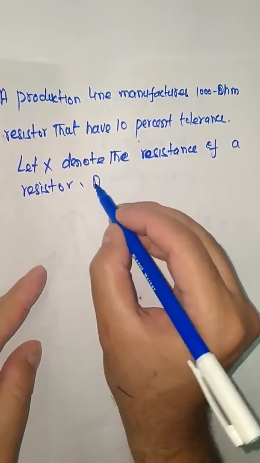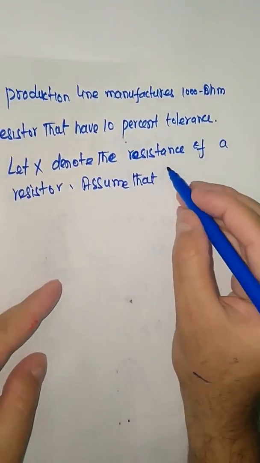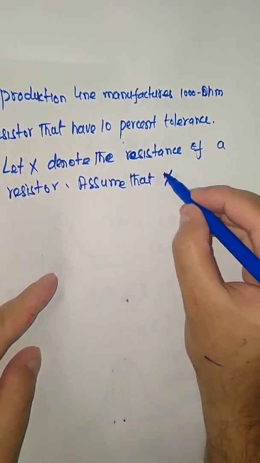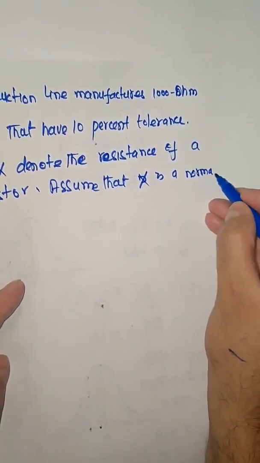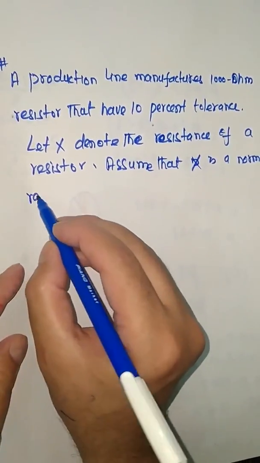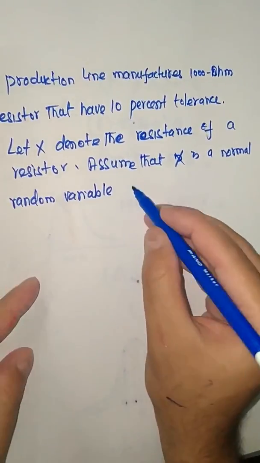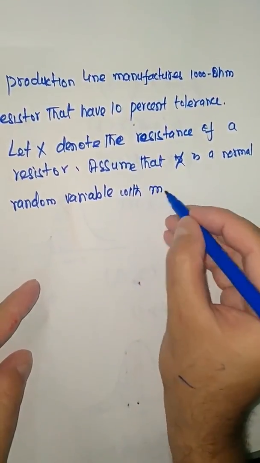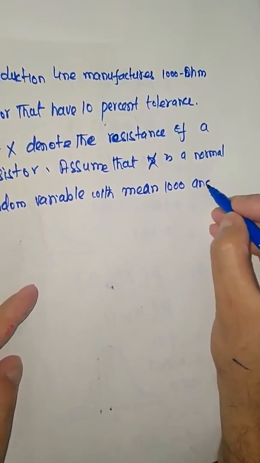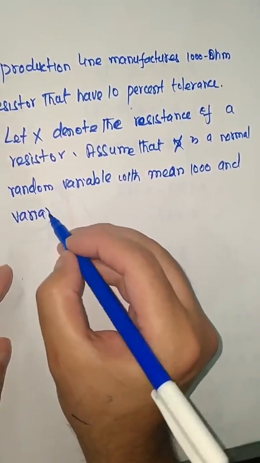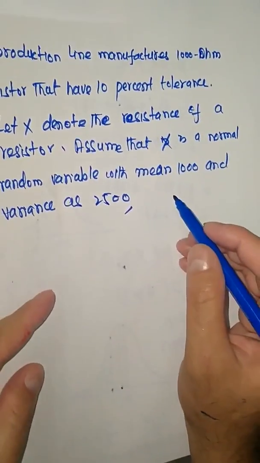Assume that x is a normal random variable with mean 1000 and variance 2500.